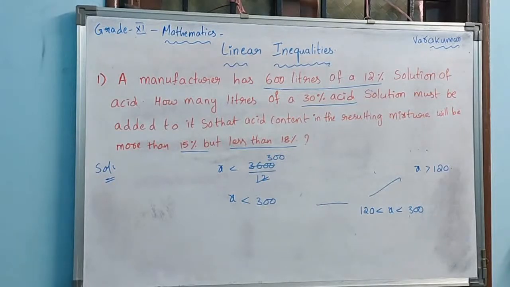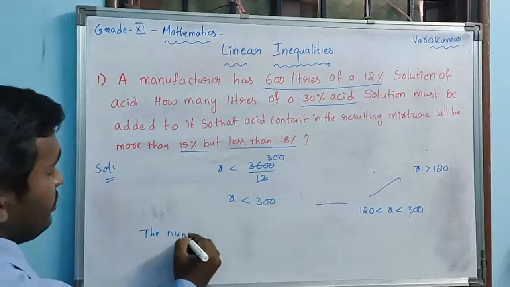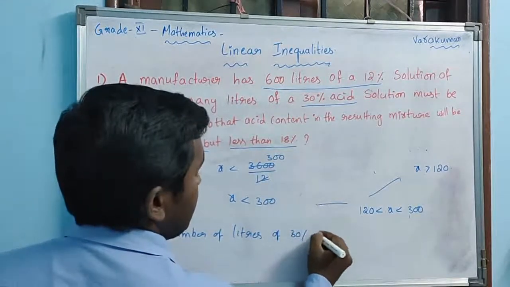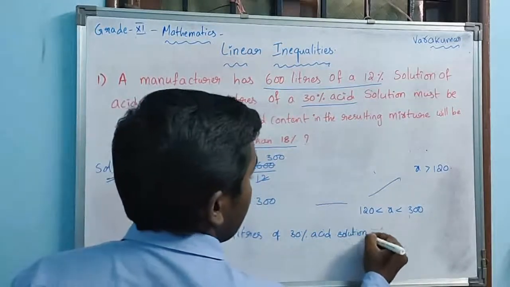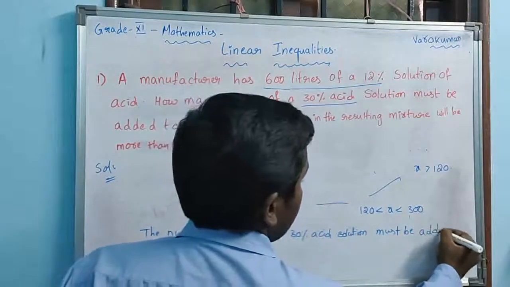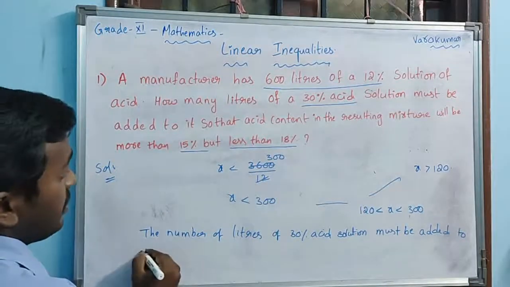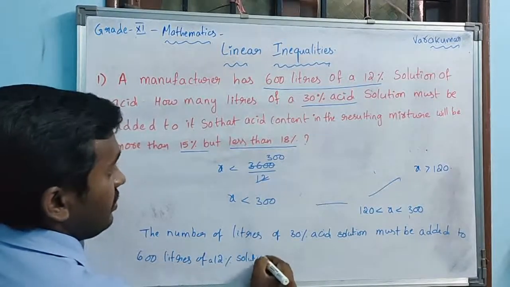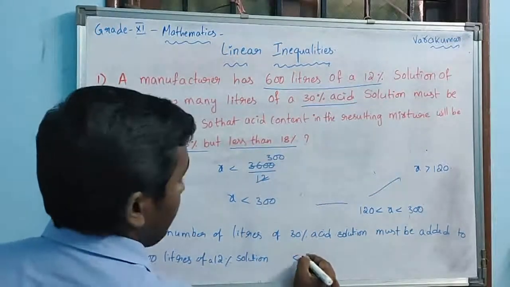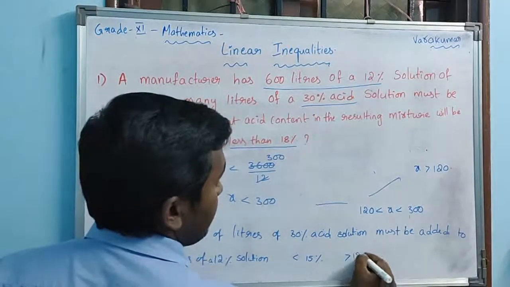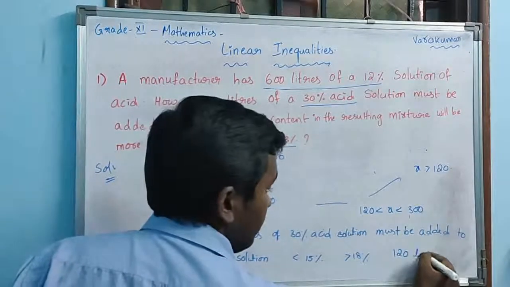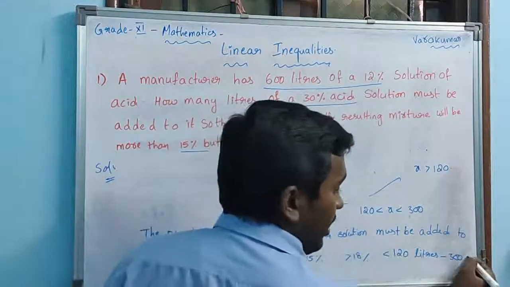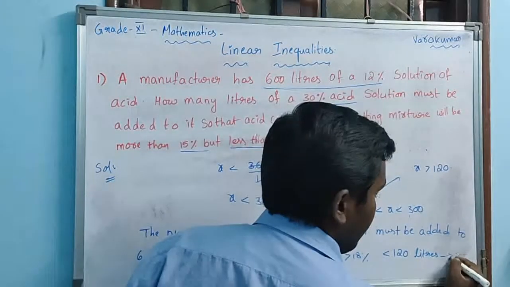The number of liters of 30% acid solution that must be added to 600 liters of 12% solution, so that the acid content is more than 15% but less than 18%, is around 120 liters to 300 liters. 120 is not included, so more than 120 but less than 300.